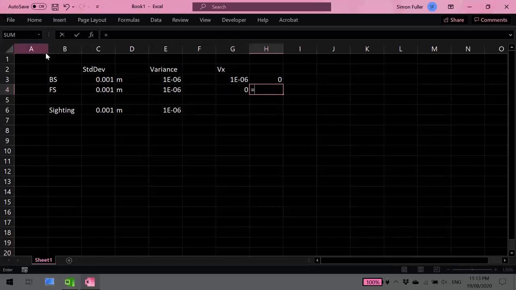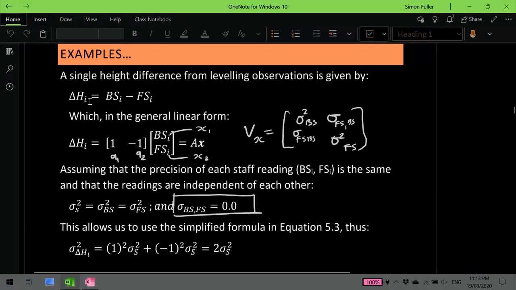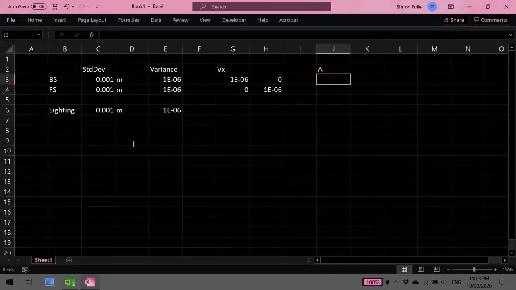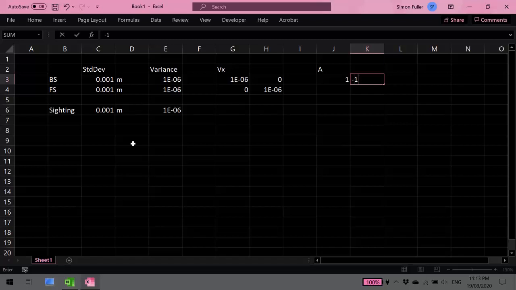And I need the variance of my foresight in this bottom right corner. Okay, that's great. And now my A matrix, well, this one's pretty easy. We saw it back here. It's just got a 1 and a -1 in it. Like so.